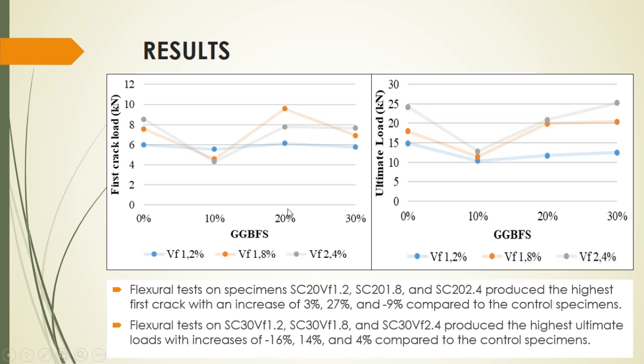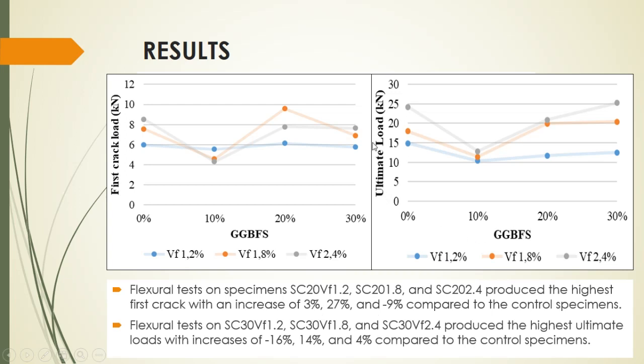Now, like this, the highest in GGBFS 20% with VF 1.8%, the first crack load. The increase, this is the result.